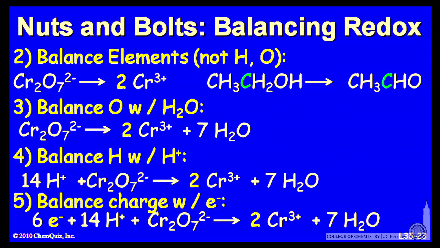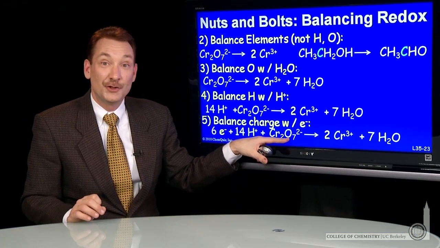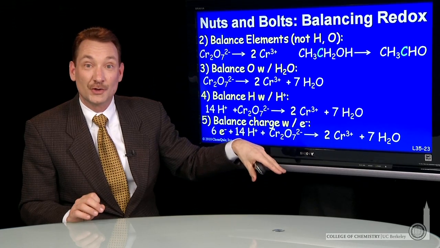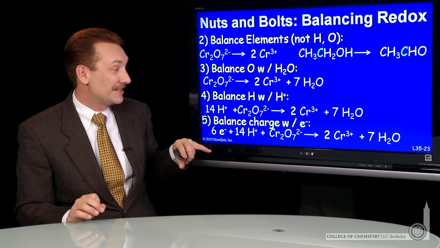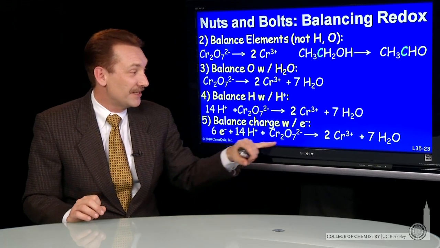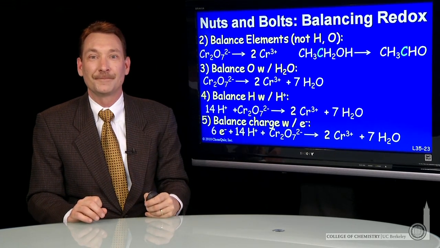So I have a charge of 14 pluses, 2 minuses, that brings it down to 12, and another 6 minuses, it brings it down to 6. So 6 pluses here and 2 times +3, 6 pluses there.